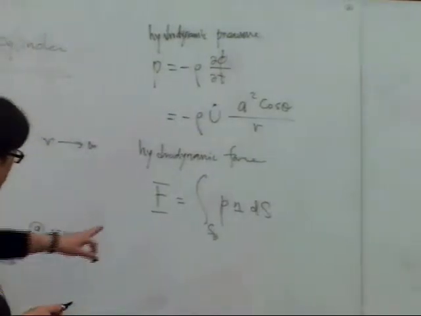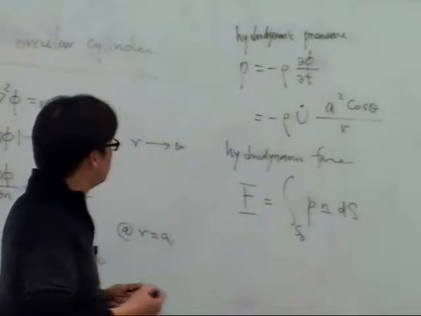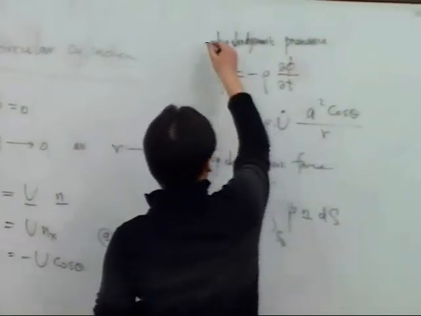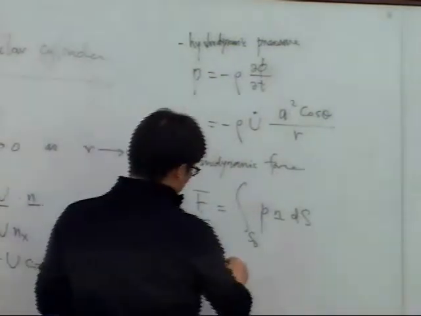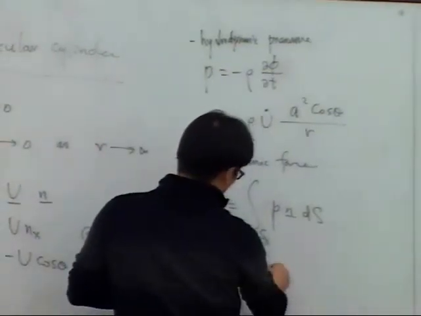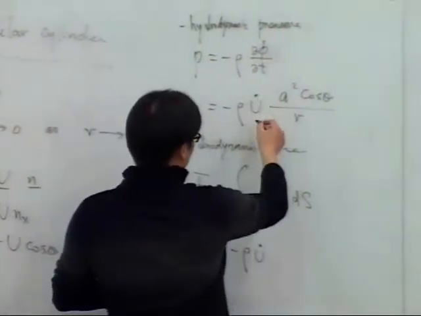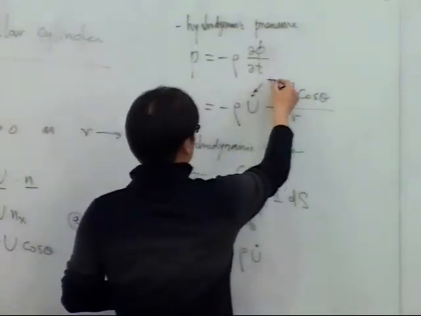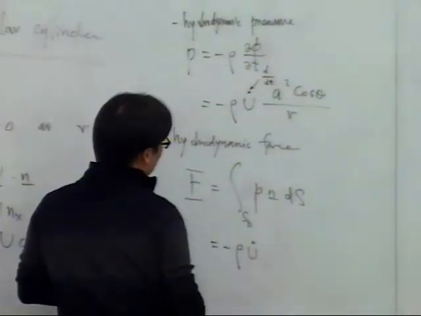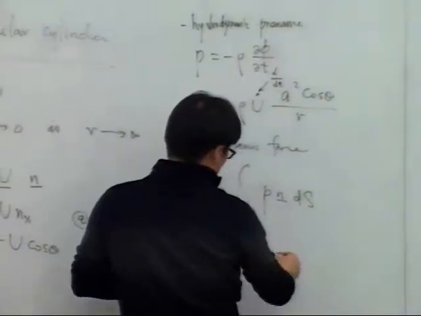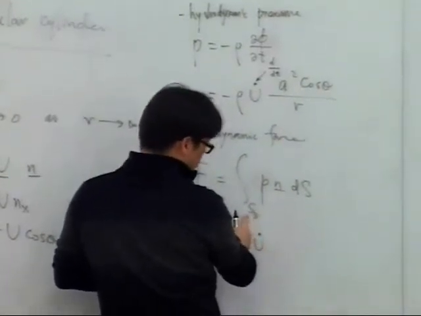So this is a very general representation for inviscid flow. So this is hydrodynamic pressure, and this is hydrodynamic force, and we just substitute that into here, and then we have rho u dot. This dot means time derivative, so this is d dt. And I have to evaluate this at the body surface, right?